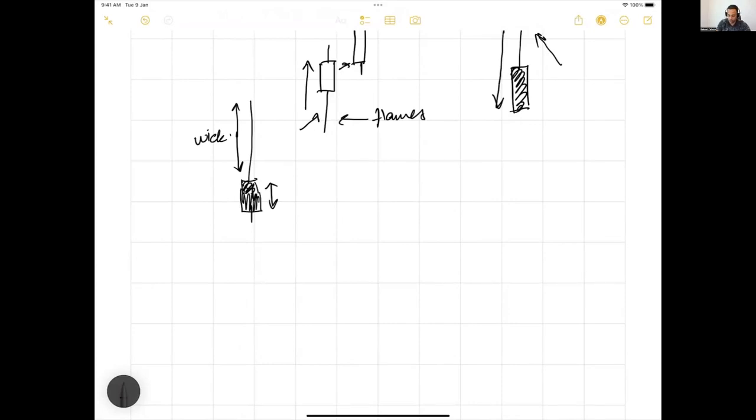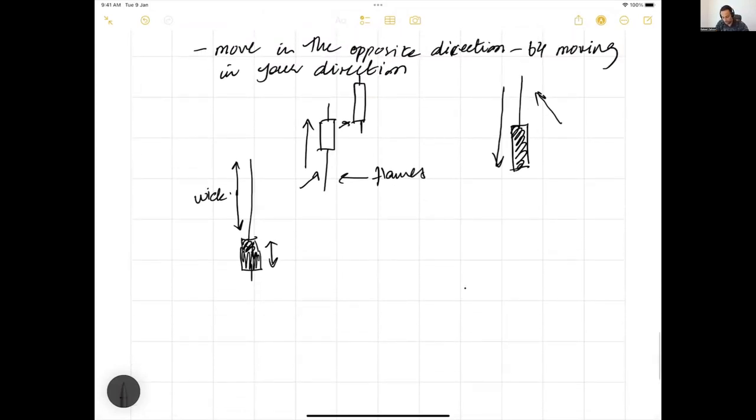Whenever you see a bullish candle, something like this one, if its body is bigger and we're already trending bullish and the wick is also bigger, then there's a high probability it's going to continue to push up.